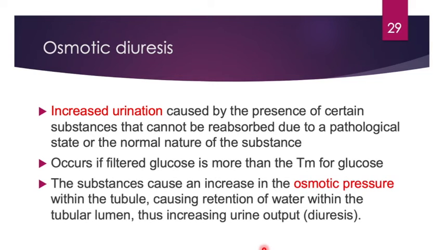The presence of glucose in the lumen will increase the osmotic pressure in the lumen, and this will cause water retention in the lumen in order to balance out the osmotic pressure. So this water retention in the lumen will then cause urine output to increase, meaning there will be large volume of urine. So increase in urine volume is termed diuresis. So this is osmotic diuresis.